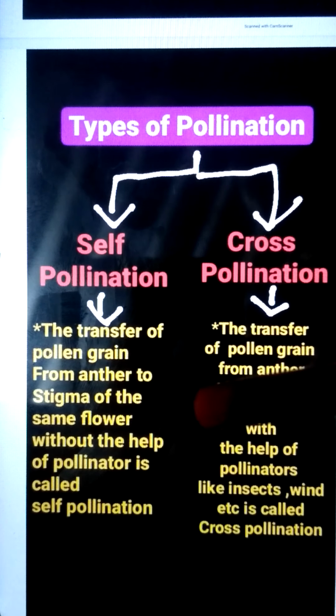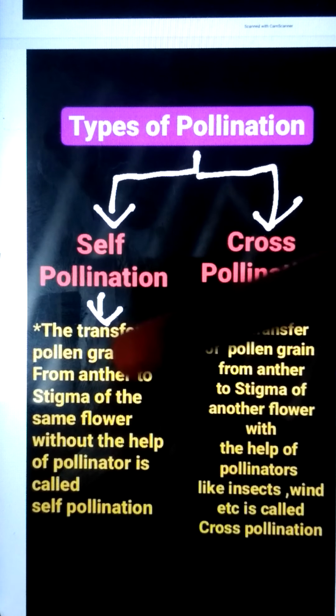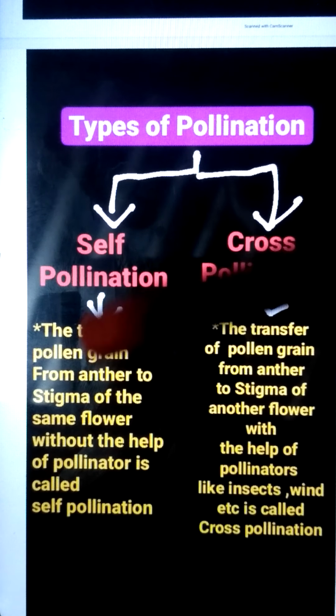Self-pollination. It means the pollen grains of the same flower fall to the stigma of the same flower without any help of pollinator.